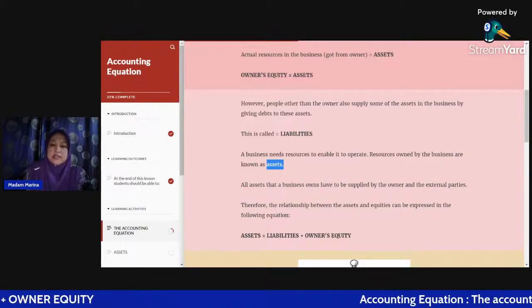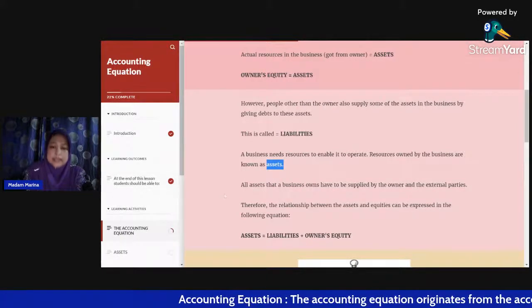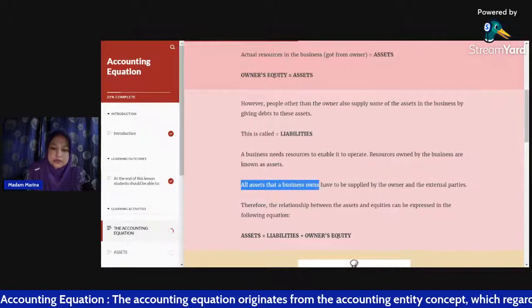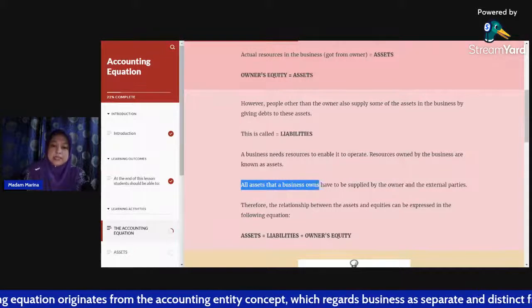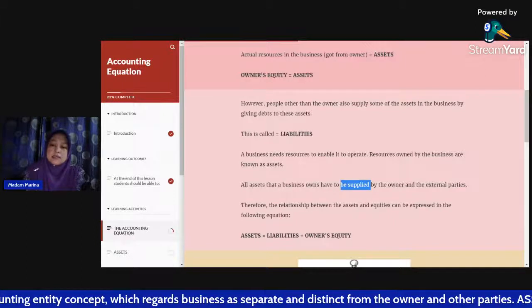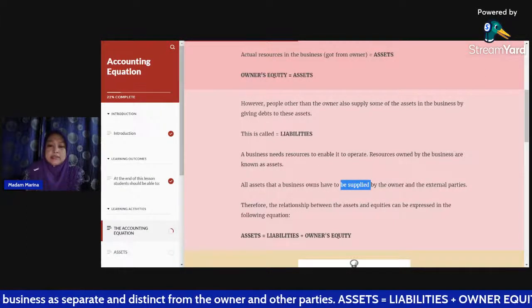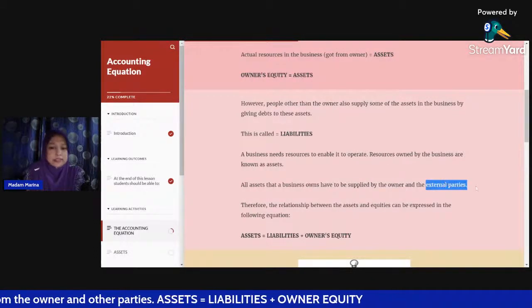All assets the business owns have to be supplied by the owner and by external parties. Whatever assets the business owns, miliki, have to be supplied, bekalkan atau diberikan, by the owner itself and also by external parties.